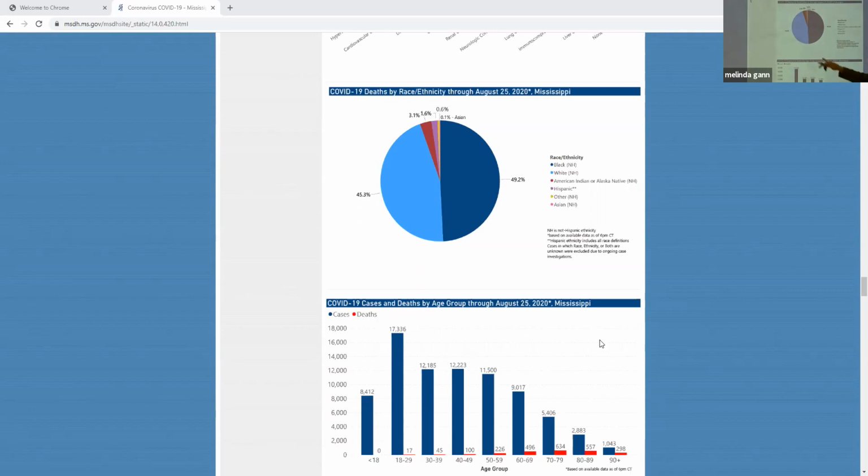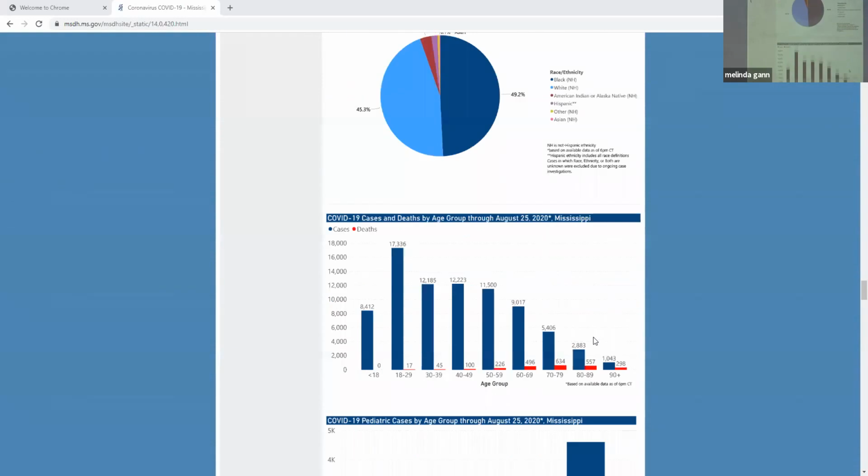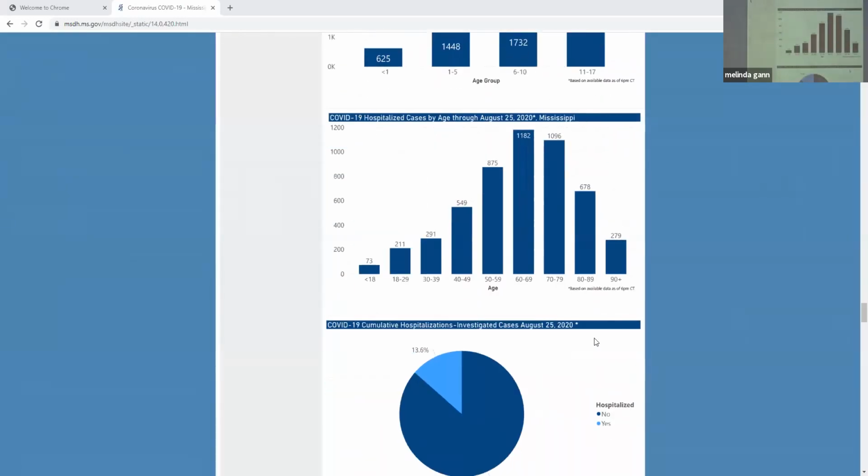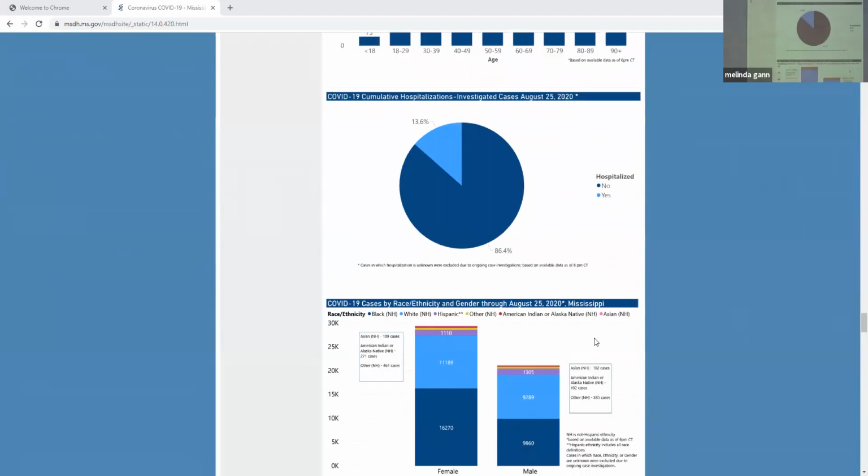Okay? Now 1 6/10%, it doesn't seem like a lot, but there's a pretty good percentage of American Indians, Native Americans in Mississippi. Is everybody with me? So when you start scrolling through this website, you get a lot of information. 86% of people with COVID did not go in the hospital in Mississippi.